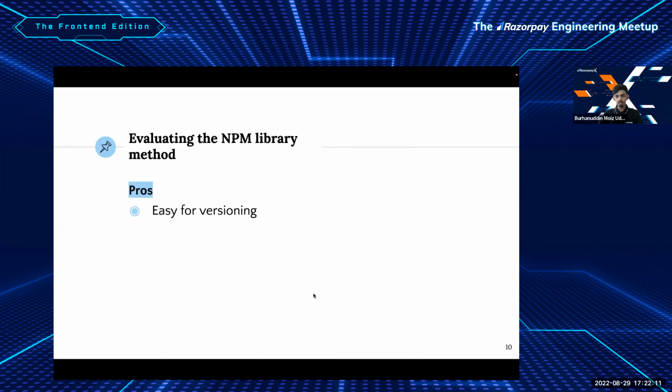So just discussing pros and cons of every approach we thought of. The npm library obviously makes it easy to version. So if you have a breaking change or if you want to upgrade, you bump the version there, or just install the latest version of your library using npm or yarn, and that will give you the latest code. It is also easy to dedupe common dependencies. An important thing to understand with React is that on the page, there should only be one instance of it.